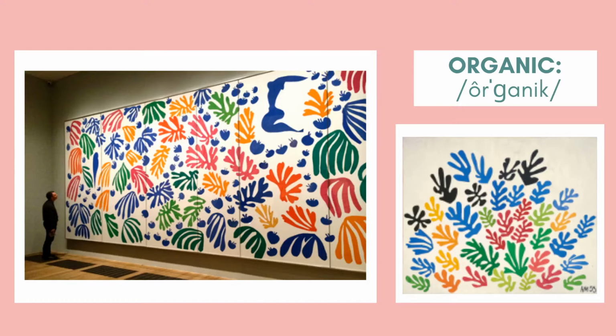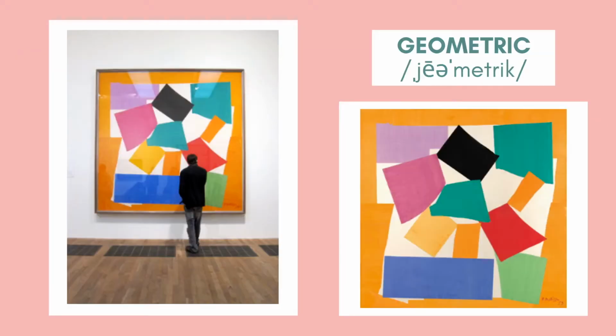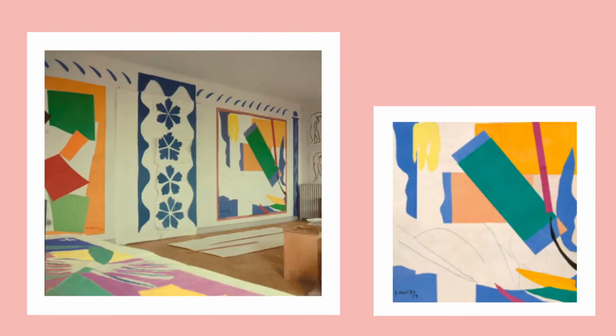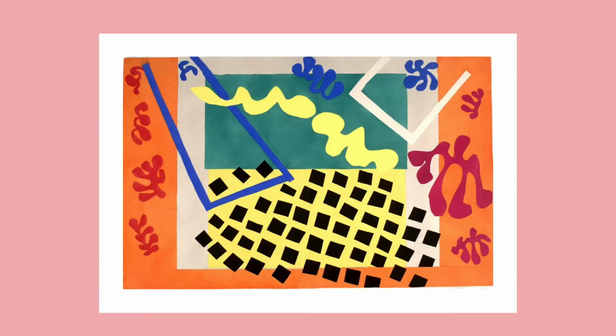But these aren't the only shapes he used. He also used geometric shapes, which have straight edges and are shapes such as triangles, squares, and rectangles. He also sometimes combined these two methods in making art that has both organic and geometric shapes.